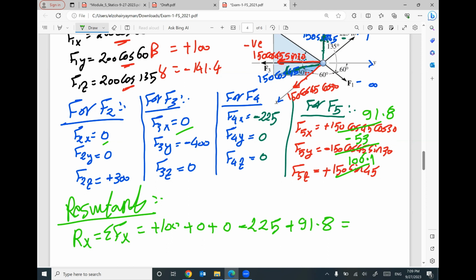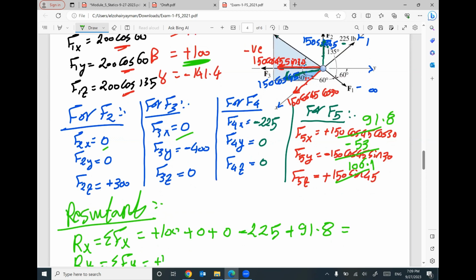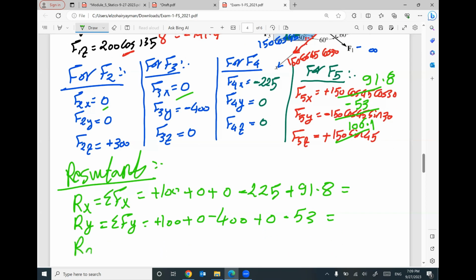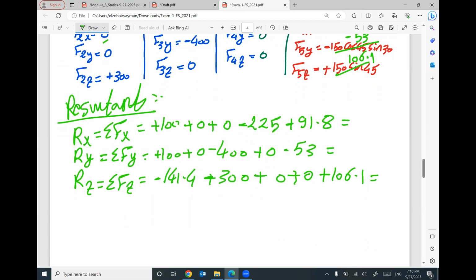Y component of your resultant, summation of all y components: we have positive 100, we have 0, we have negative 400, we have 0, we have negative 53. Z component of your resultant, summation of all z components: we have negative 141.4, we have positive 300, we have 0, we have 0, we have positive 106.1.